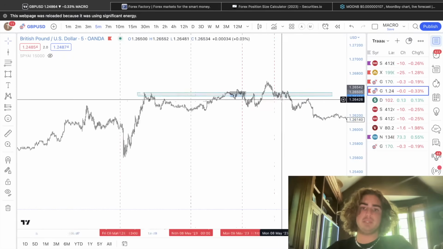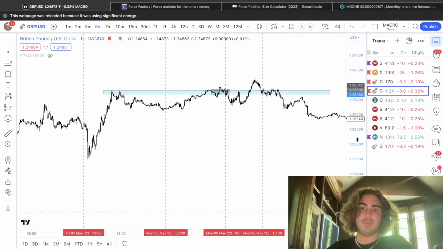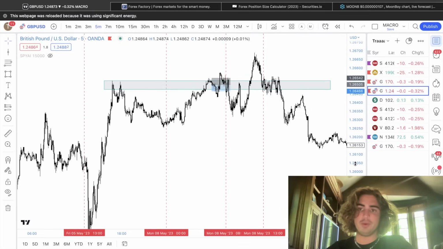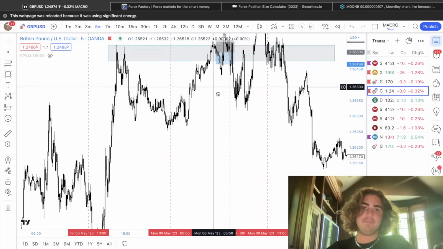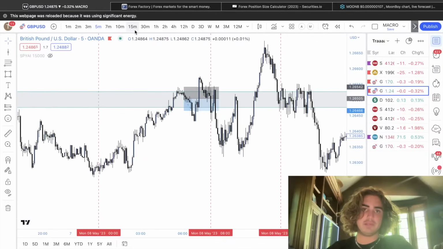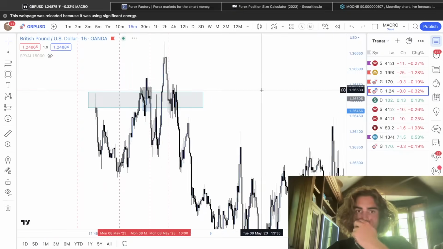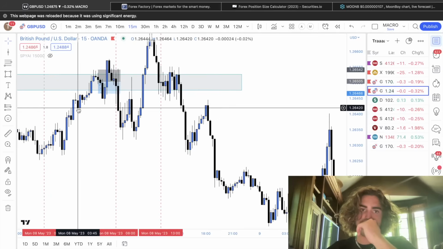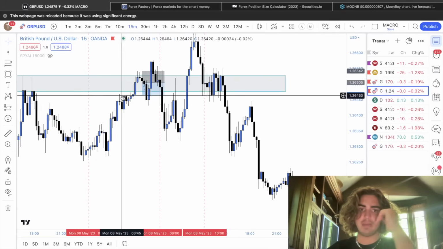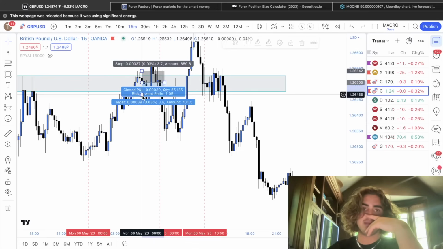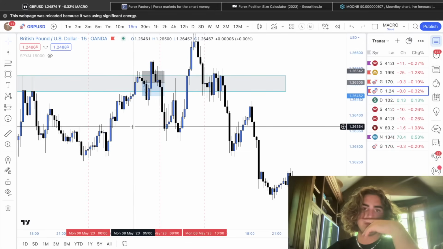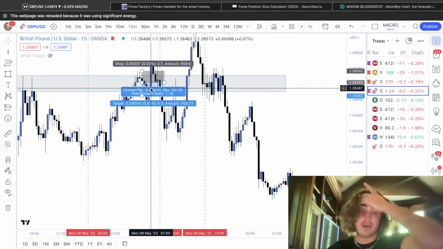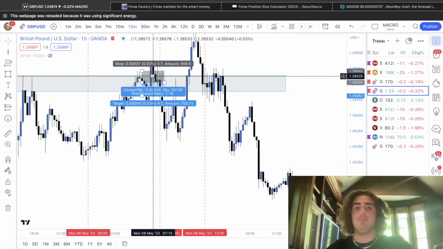But still, you would be able to catch something just off of that, even if it's a 1-to-1 risk reward. Whatever you want to target on this. If we scale back to a higher time frame, we can see what you possibly could have targeted. Literally just target the top of these highs. Just like that, that could be your first take profit because of how small that stop loss is.